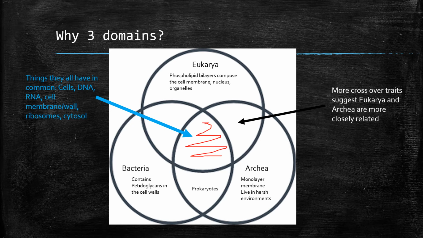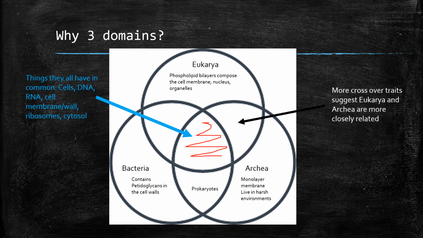What all living things have in common is they're made up of cells. They have DNA or RNA or both, some sort of genetic material. They have a cell membrane or a cell wall. They have ribosomes, that's what I talked about a minute ago, and they have a cytosol or cytoplasm.